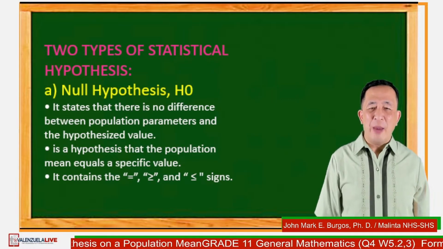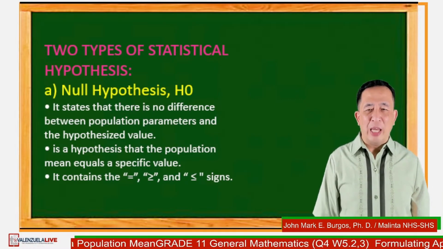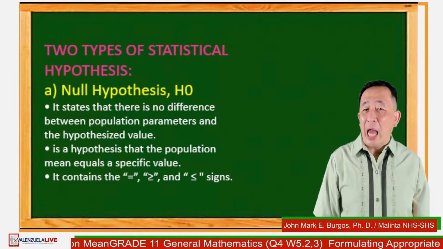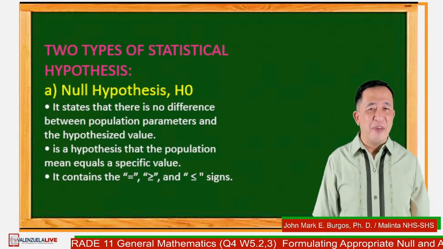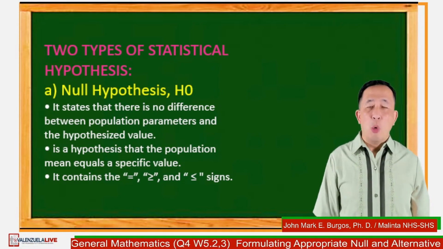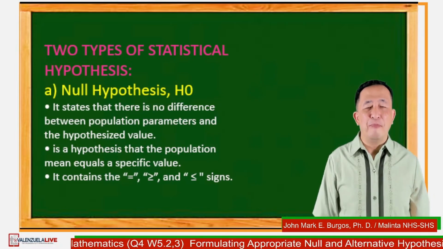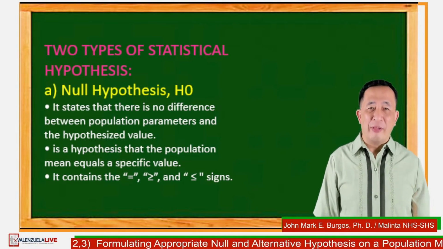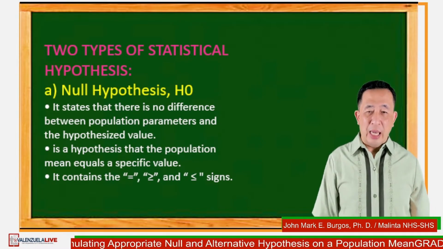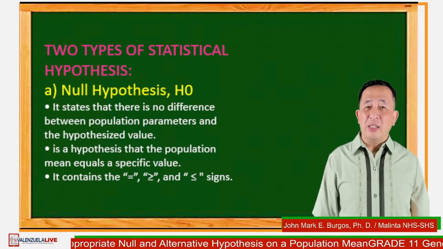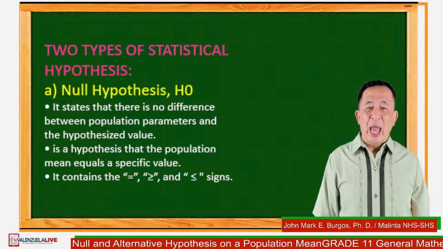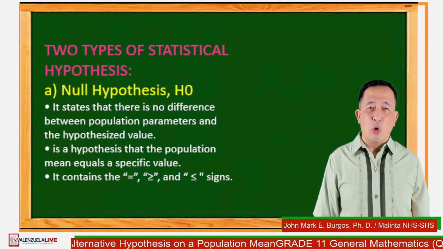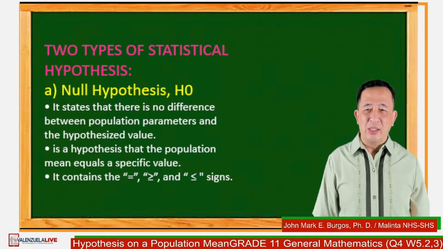It is a hypothesis that the population mean equals a specific value. Therefore, we can expect from the null hypothesis that it will use the following mathematical symbols: the equal sign, the greater than or equal to, and the less than or equal to signs.